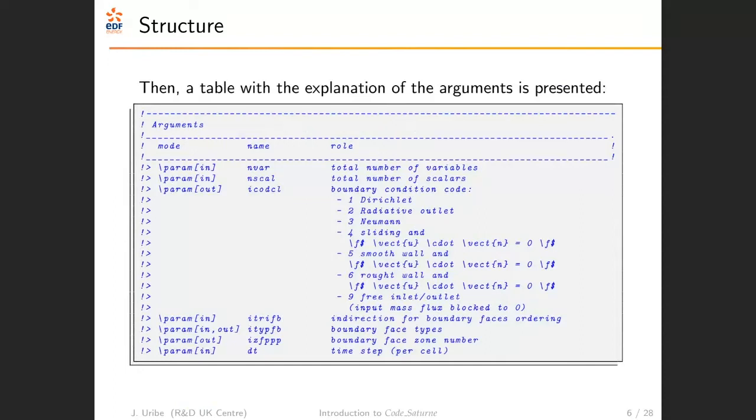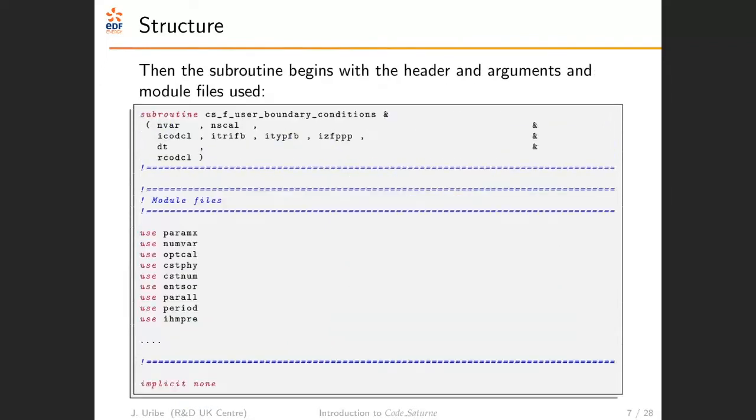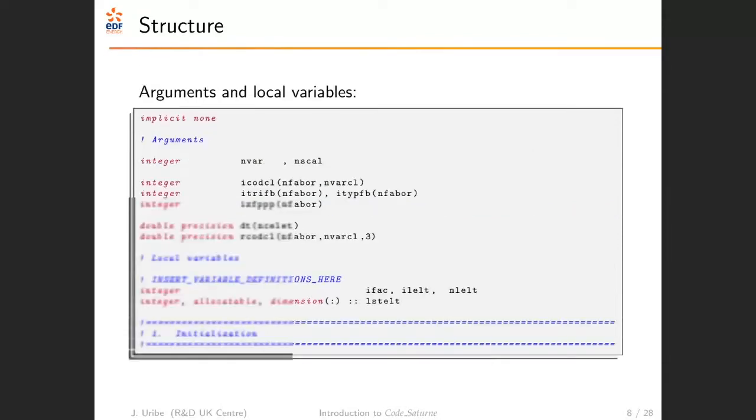Then it tells you what the arguments are, the variables that come in and out, and then you start the subroutine with the keyword subroutine. So you have module files that are used from the main part of the code, but you can also use your user module files. And then you have your arguments.